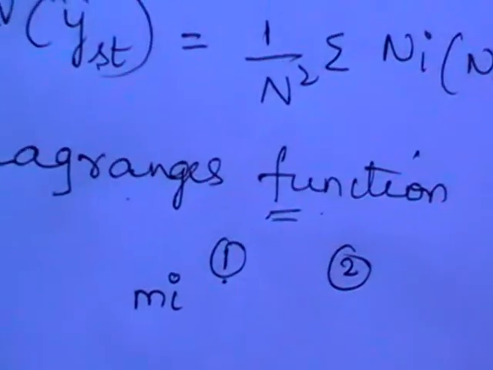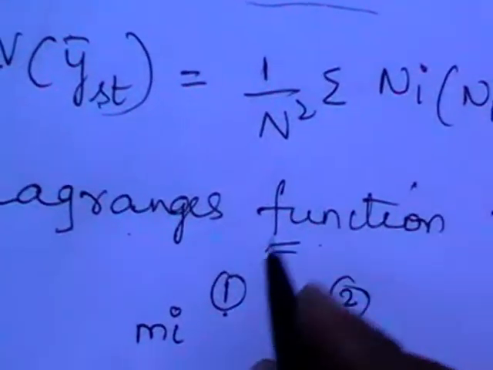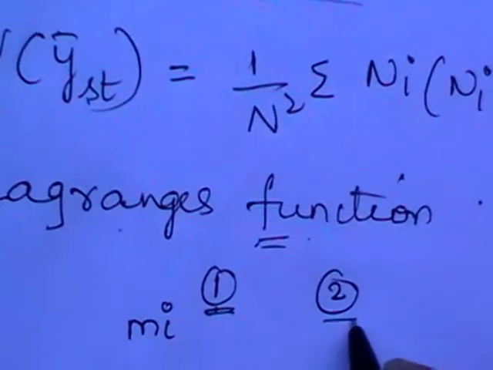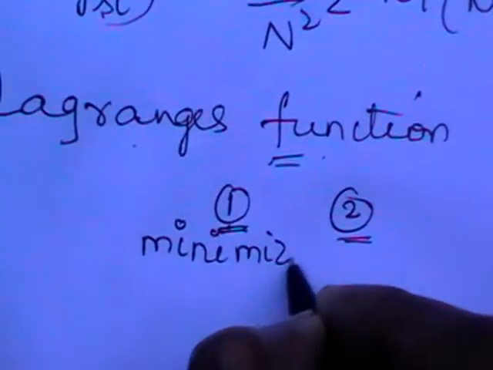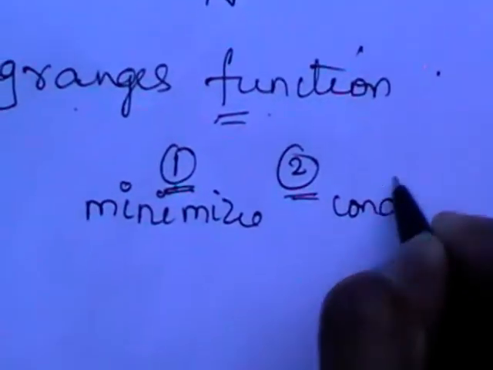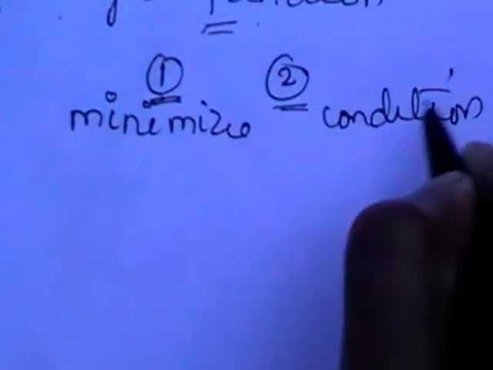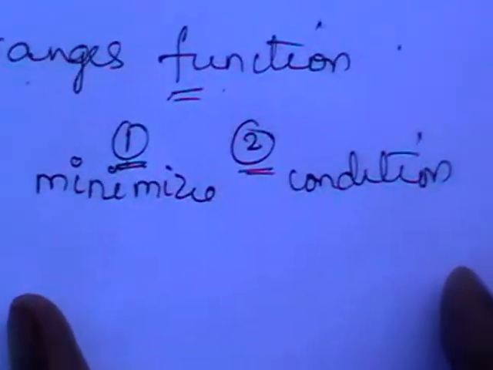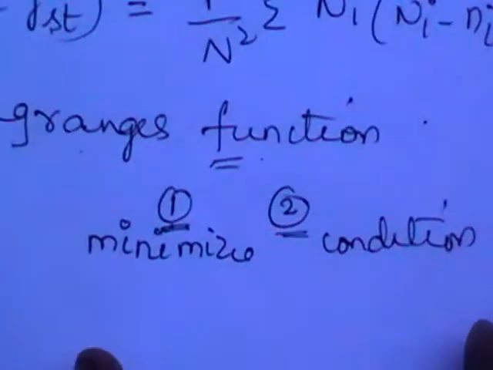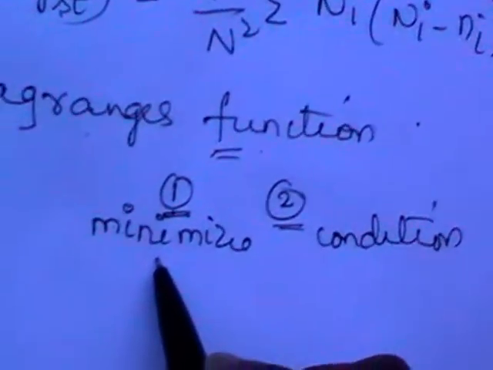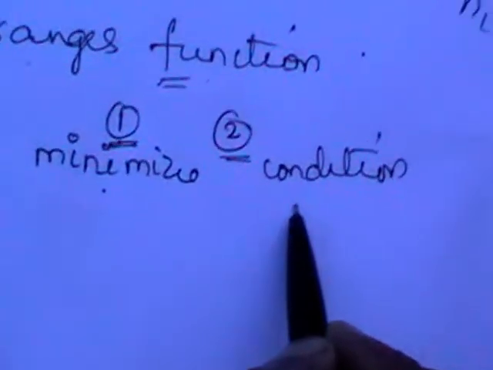You should focus on two terms: the one which is going to be minimized, and the condition which we are going to use.